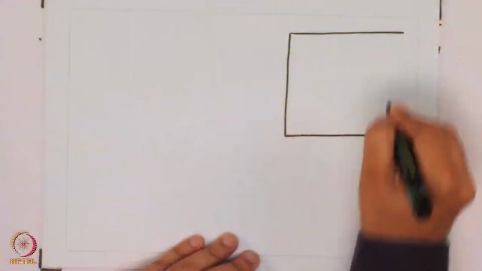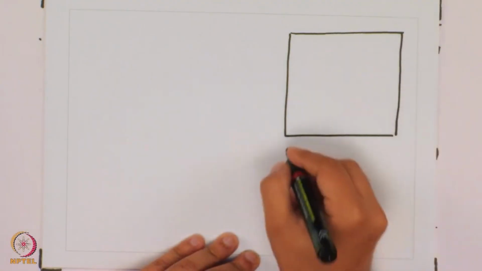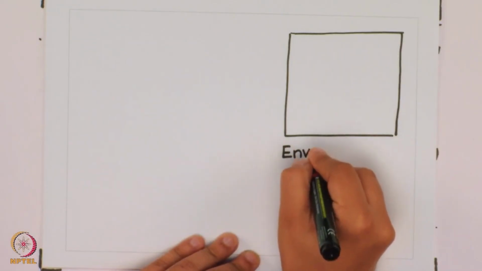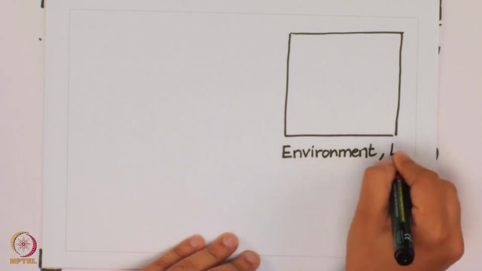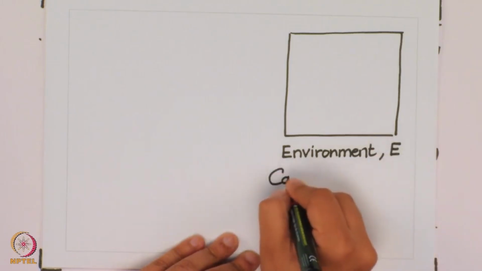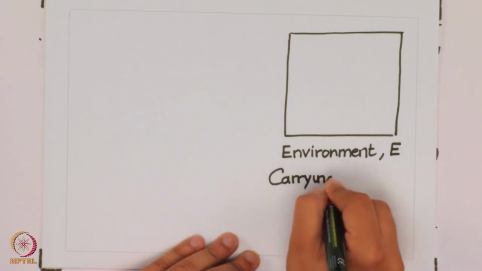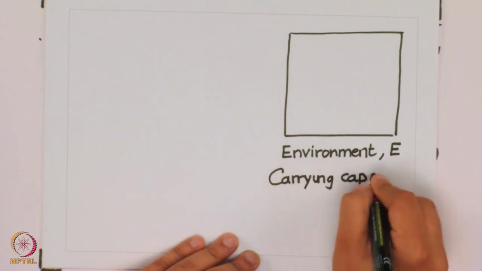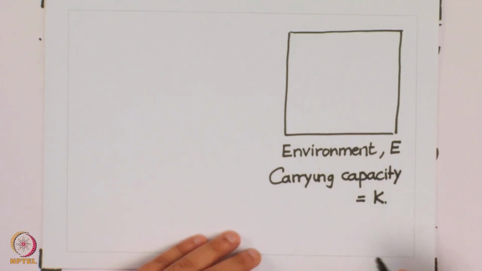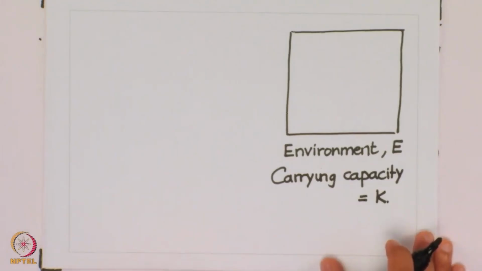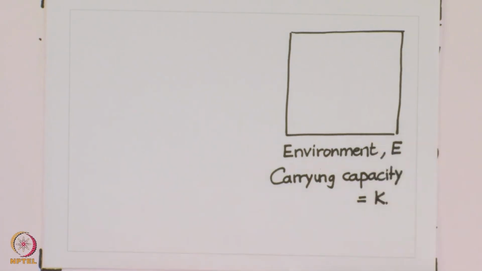Let us think of an environment which has a carrying capacity K. This is my environment E, and the carrying capacity of this environment is equal to K. And we have already seen that the carrying capacity of an environment means the total number of bacteria or individuals, in this case bacteria, that can survive in this particular environment.